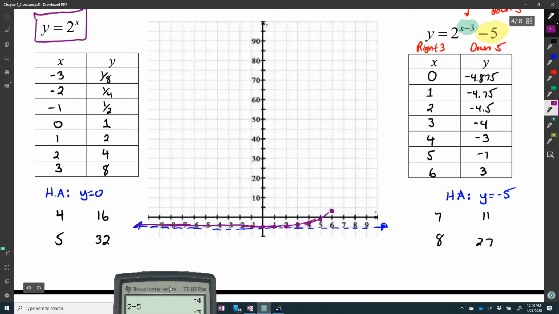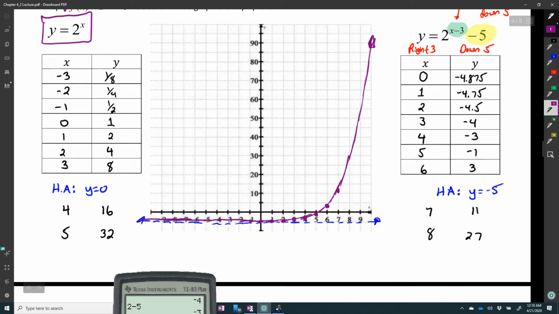So 7, 11 will be a new point. And 8, 27 will be another point. All right, but anyway, there's my graph.